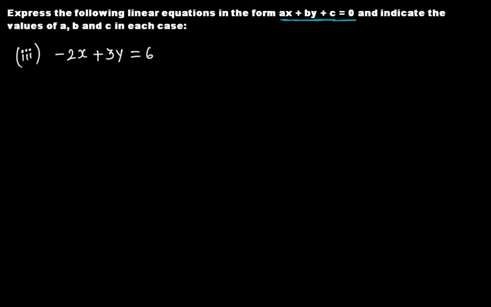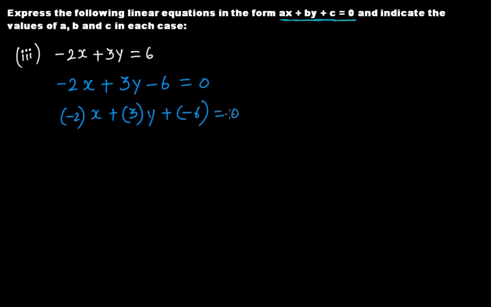Okay, so minus 2x plus 3y minus 6 equal to 0. Now this is minus 2x plus 3y plus minus 6 equal to 0. This is A, this is B, this is C.